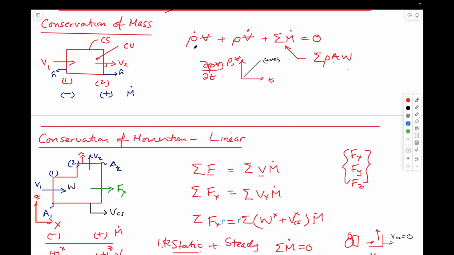We can write the conservation of mass equation as a change in the product of mass and density and volume, as in this term here. If we differentiate by parts, we get a volume multiplied by a rate of change in density plus a density times a rate of change in volume.